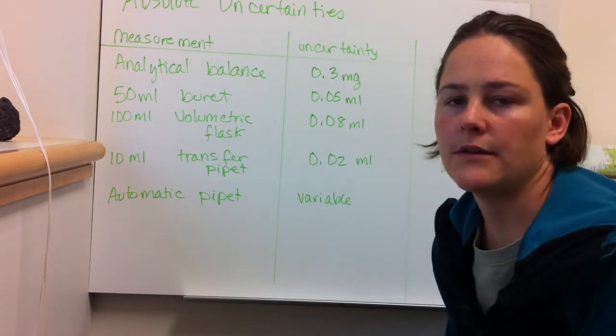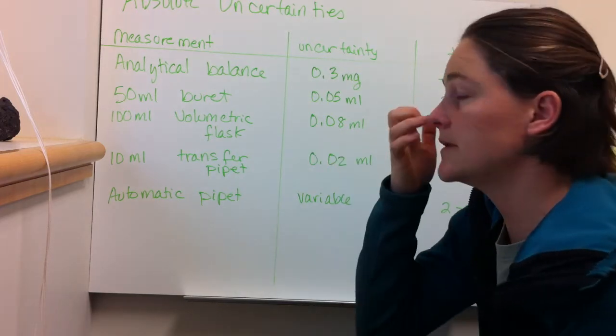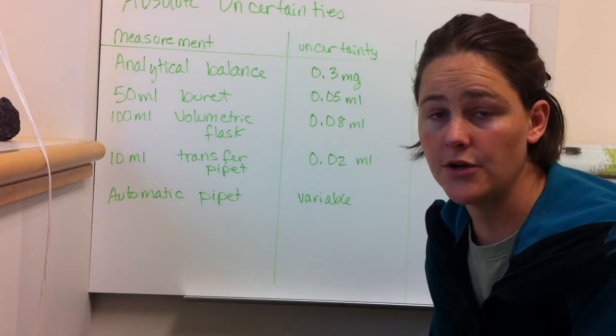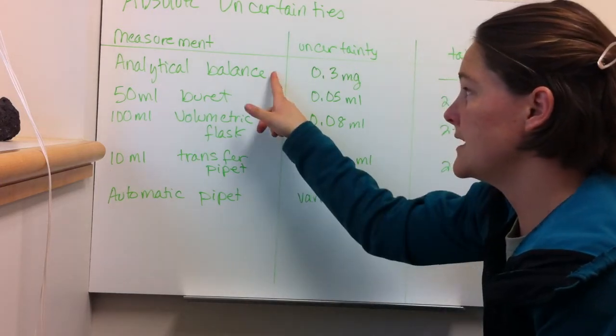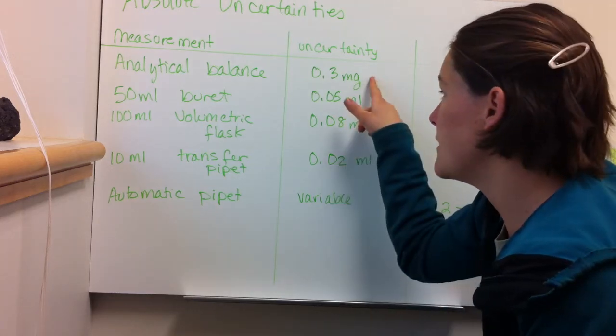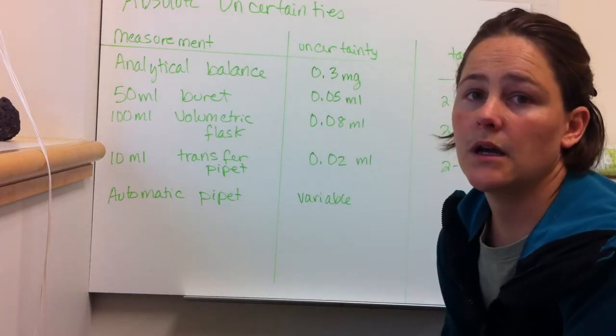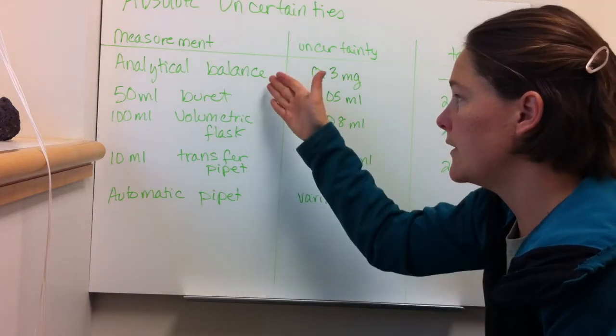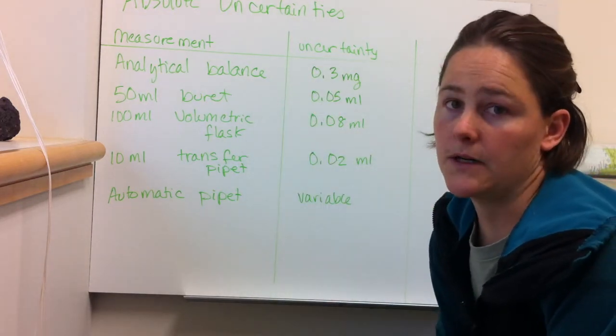Another thing to think about when you're thinking about errors is the absolute uncertainties associated with each of the techniques that you're using. For example, an analytical balance has an inherent uncertainty of 0.3 milligrams. And that's true not just for the analytical balance, but for all the glassware as well.